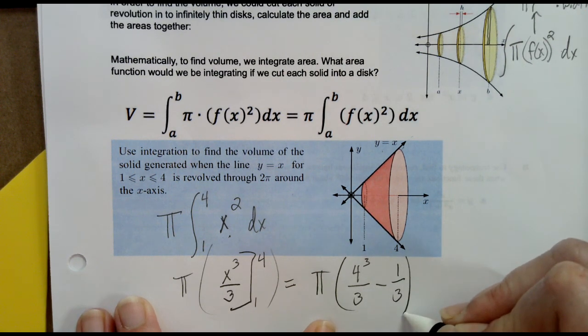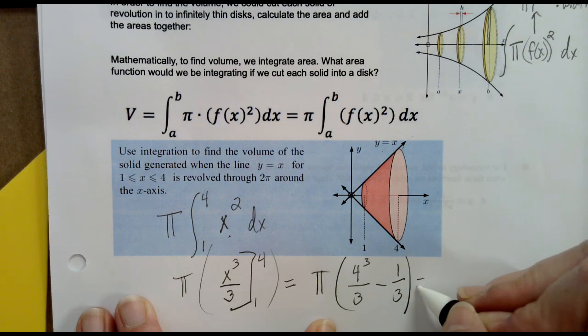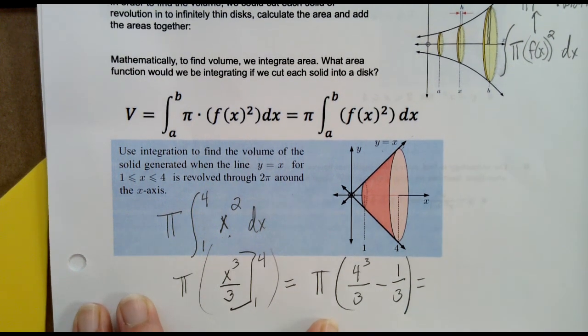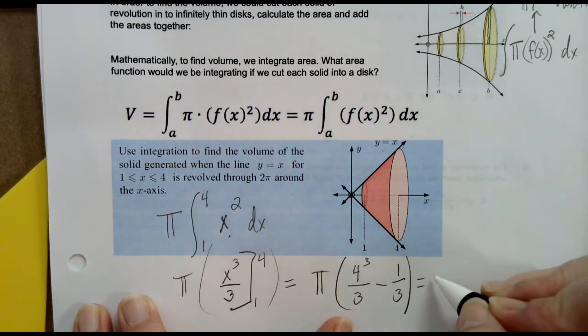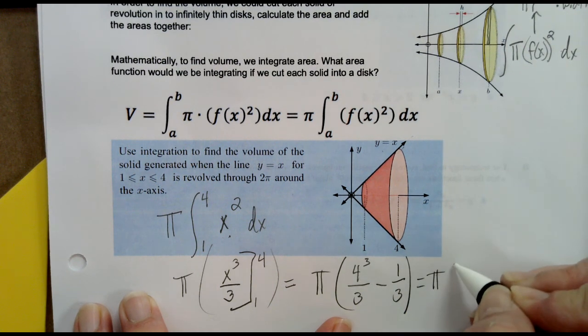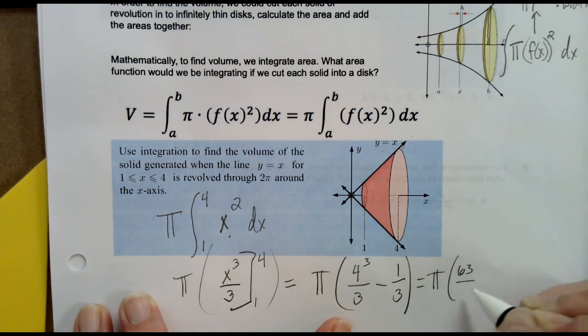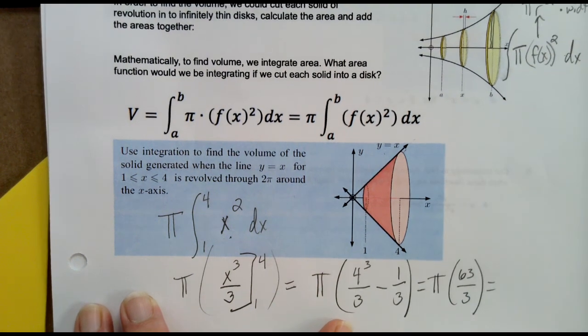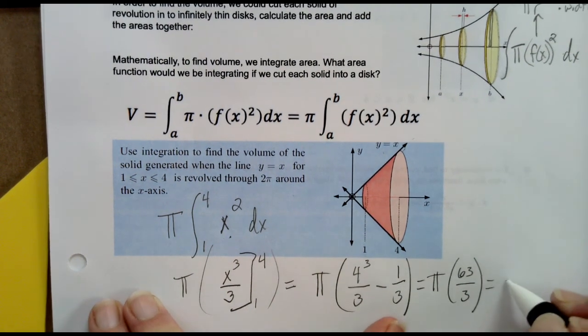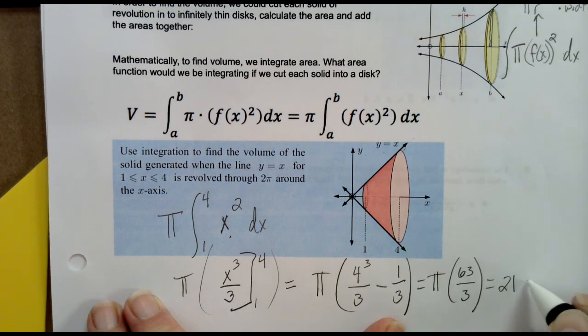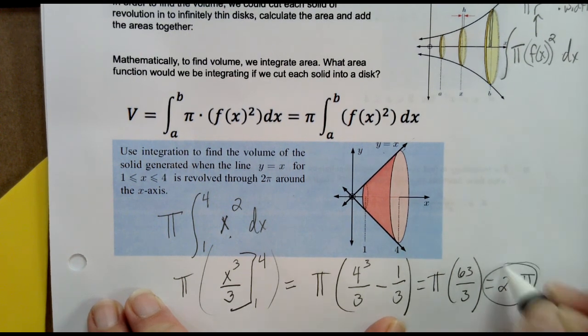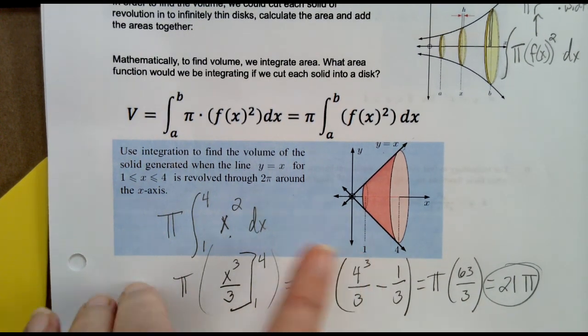And so that would be 64 minus 1 is 63. I'm so smart. And then, what is 63 divided by 3? 21. The volume of this shape is going to be 21 pi.